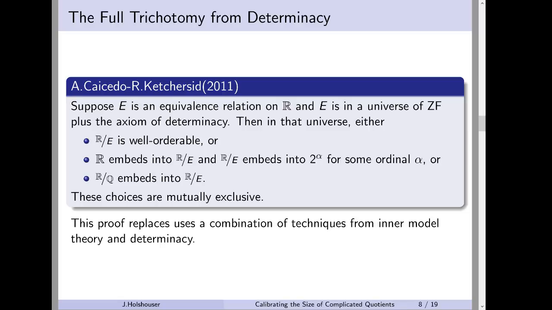Or R embeds into it, and it embeds into 2 to the alpha for some alpha, I don't know what it is, but it's some alpha, or R mod Q embeds into it. Basically, it's well orderable, linearly orderable, or not definably linearly orderable. Definable should always come before those. But something called treatable. Okay, some partial order structure stuff, basically.